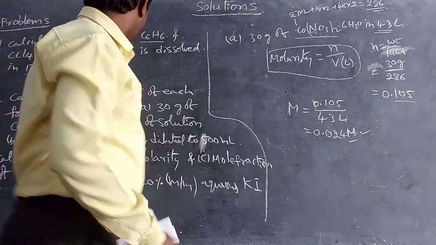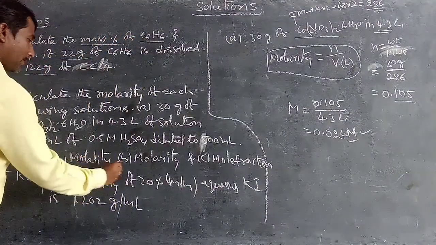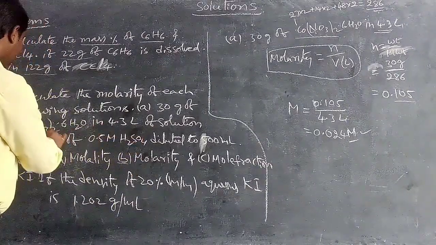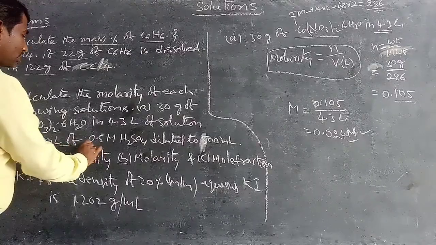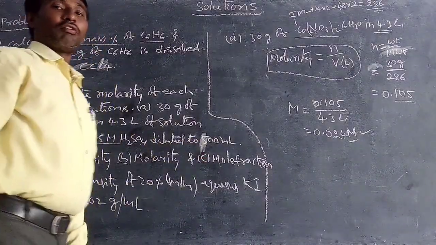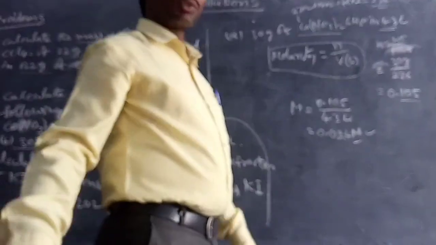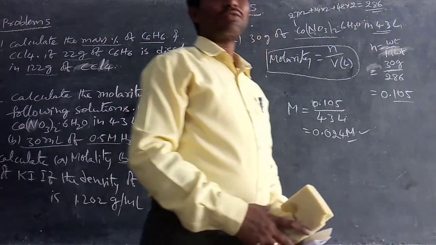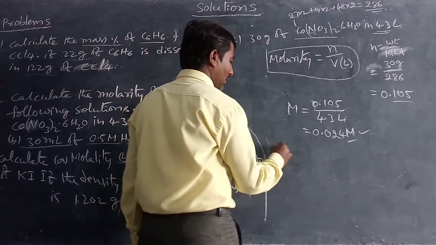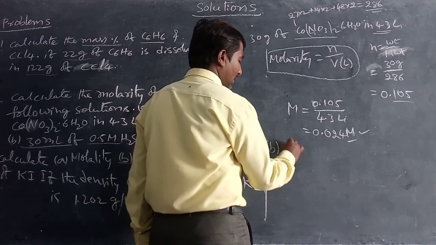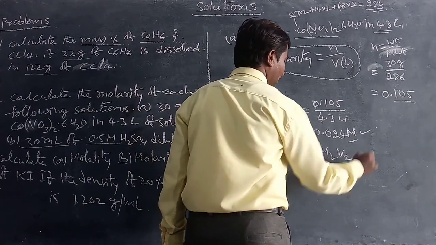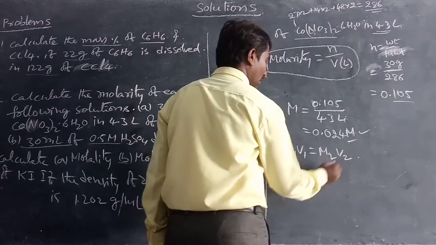Then another one, B. What is B? 30 ml of 0.5 M H2SO4 diluted to 500 ml. So we have to use the dilution formula, M1V1 equals M2V2.